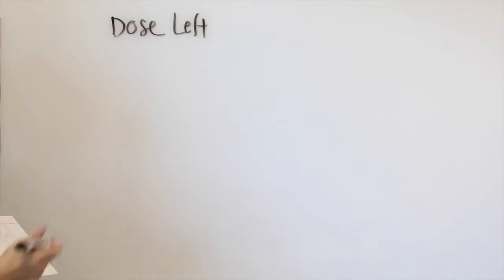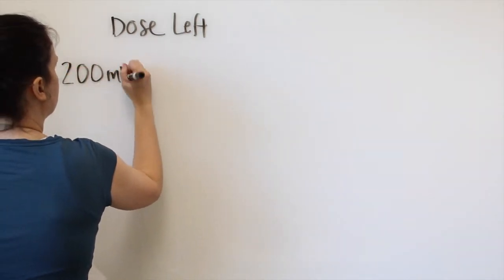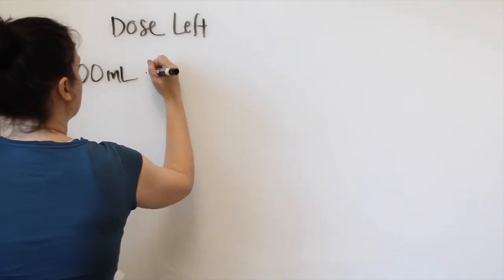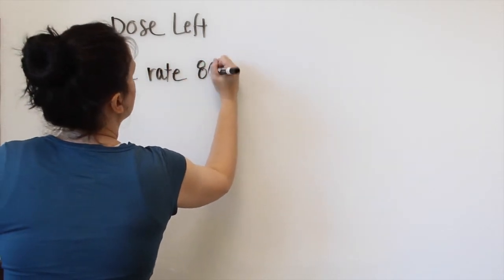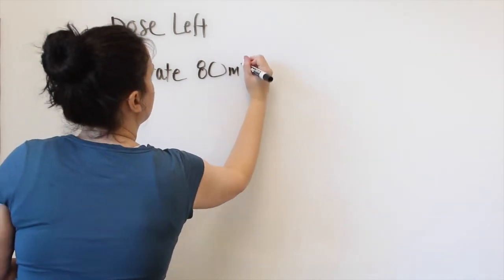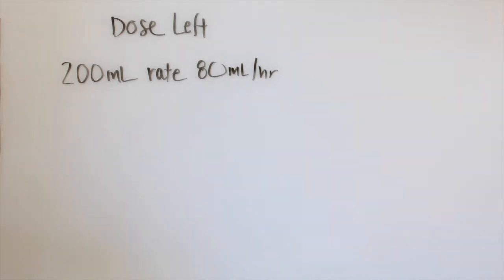So this next problem can be used if you are trying to figure out what time you need to go back into your patient's room to change a bag out, kind of anticipating needs as far as that goes.